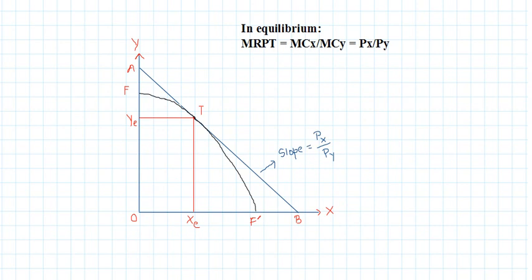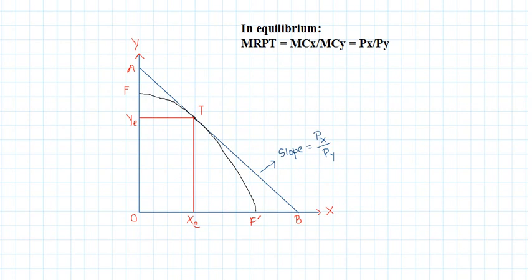So given the commodity prices, say Px and Py, general equilibrium of production is reached at the point on the production transformation curve that has a slope equal to the ratio of these prices. In this diagram, the line AB gives the ratio of prices of X and Y, and when this line is tangent to the PPC curve, we get the equilibrium.